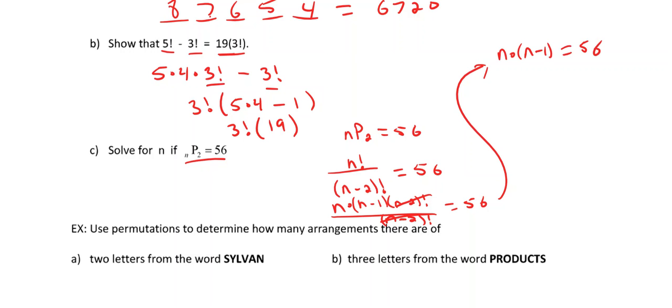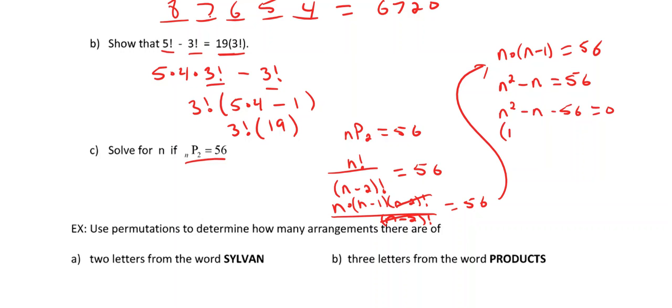Okay, so that's not too bad now. So we can expand that out. We're going to get n squared minus n is equal to 56. So n squared minus n minus 56 is equal to 0.